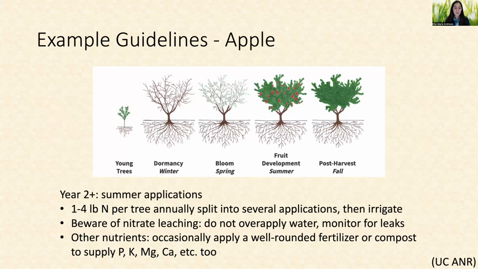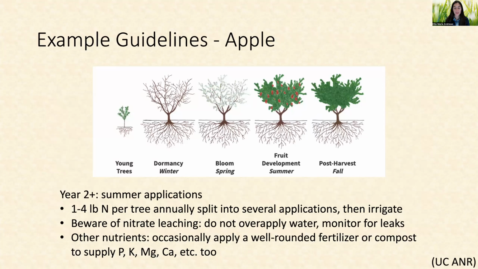The important thing with splitting these applications of nitrogen is just to make sure you're essentially spoon feeding the plant what it needs at the time it needs it and not overloading it all in one event. It's important to be aware that nitrate leaching can happen. So we don't want to over apply water and flush all that nitrogen out of the root zone. So make sure you're not over applying.